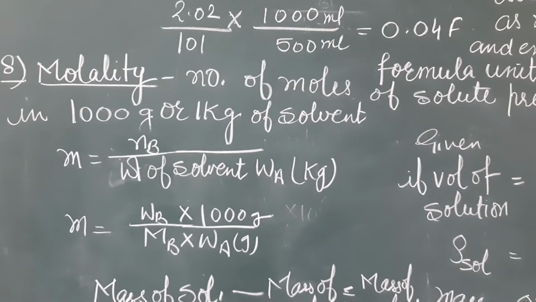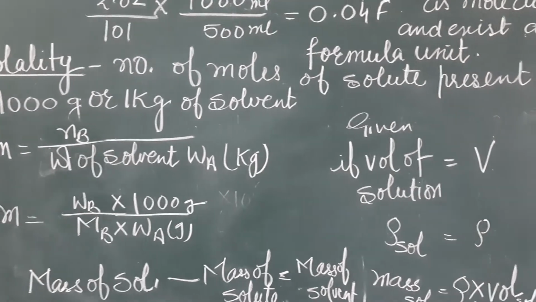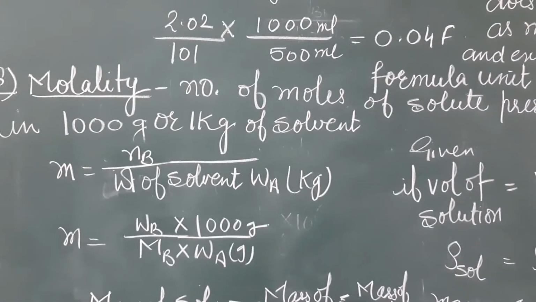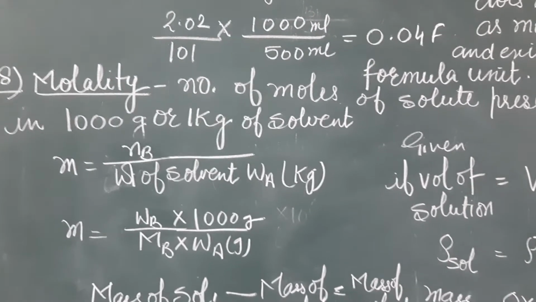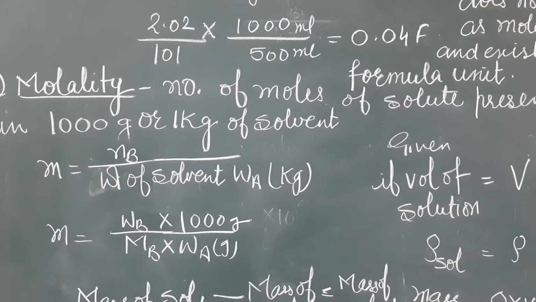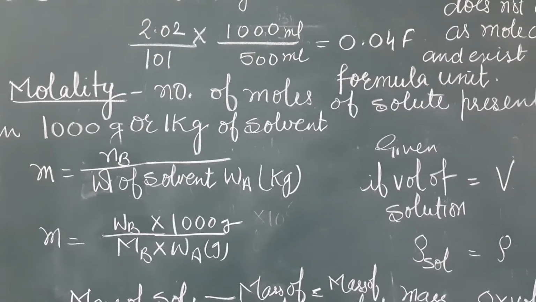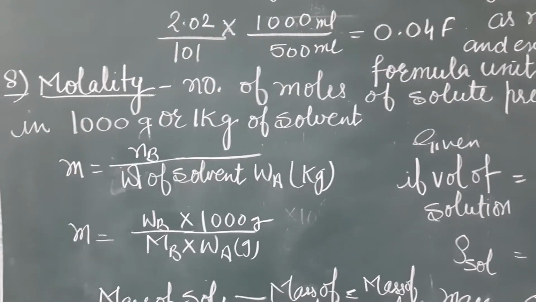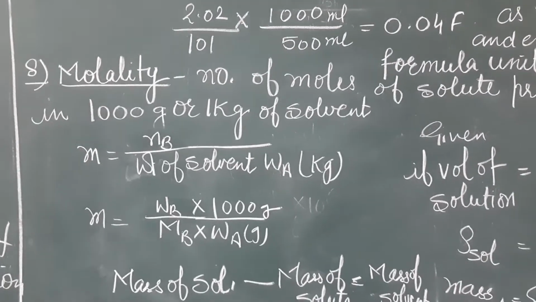What do you mean by molality? It is the number of moles of solute present in 1000 gram or 1 kilogram of solvent. It is mass based, not volume based. It is based on the solvent, not on the solution.